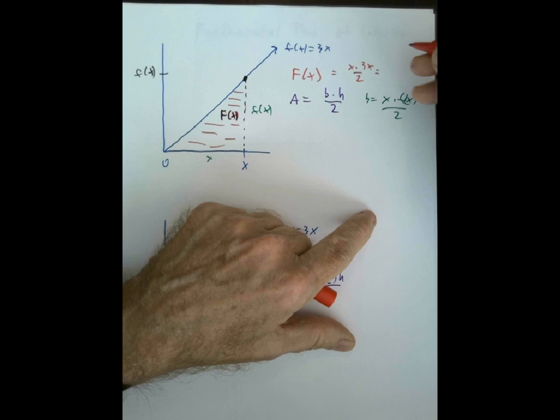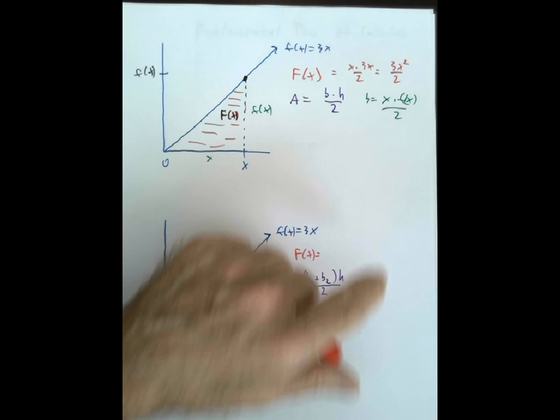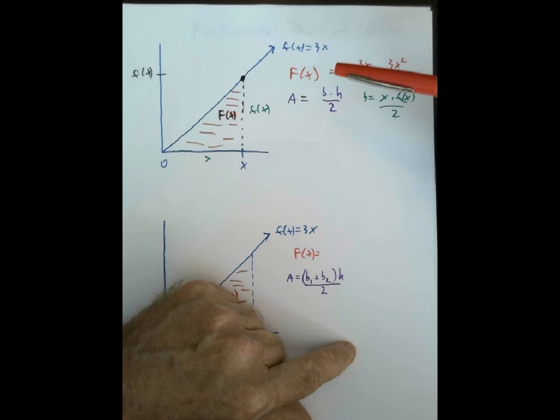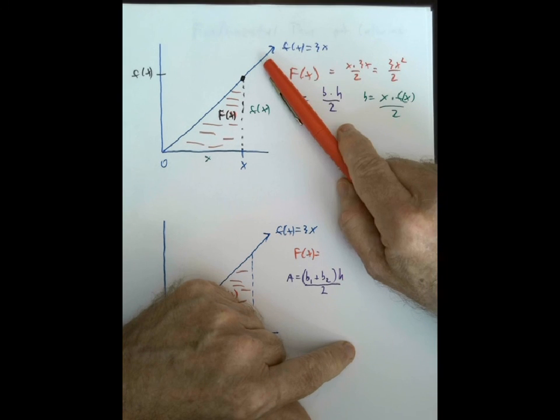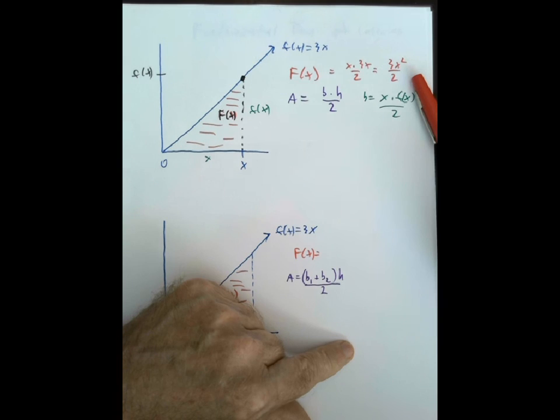Simplified a little bit, that's 3x squared over 2. So, in other words, if the equation of the curve on top is 3x, the area under the curve for any given x value is 3x squared over 2.